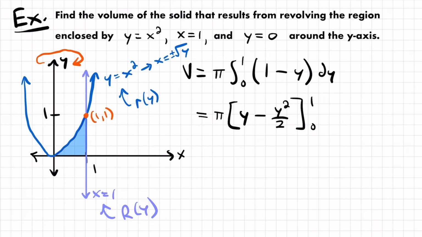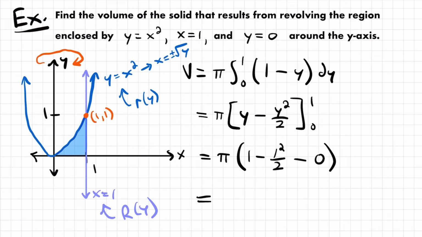Okay? And so now we want to plug 1 into this expression and then subtract plugging 0 into this expression. And so this will be equal to pi times 1 minus 1 squared divided by 2 minus 0 plugged into y minus y squared divided by 2, which will just be 0 because we'll have 0 minus 0 squared divided by 2. That's just all going to be 0, so we're subtracting 0.